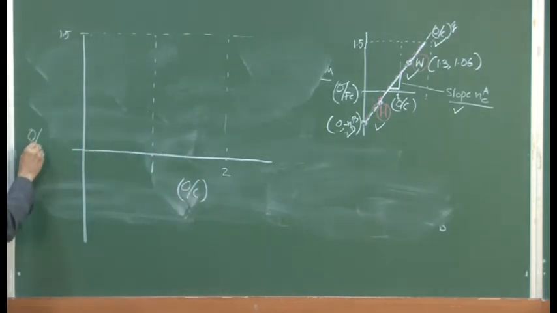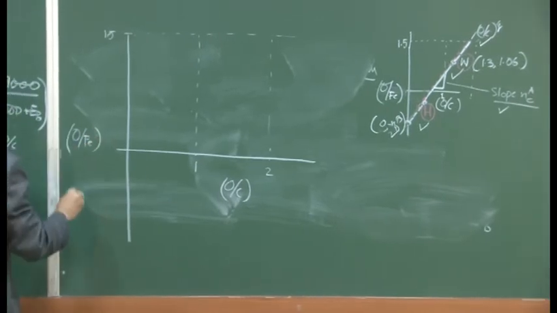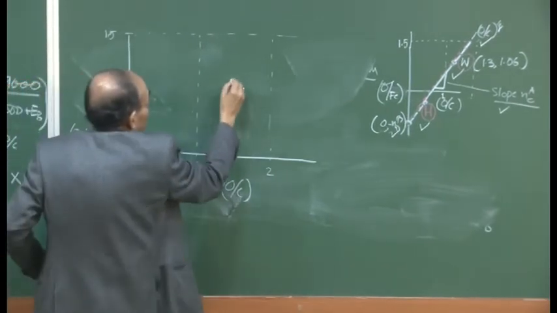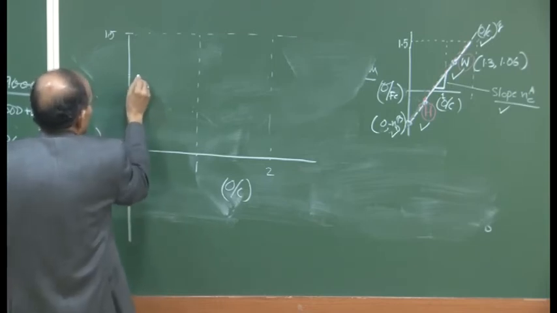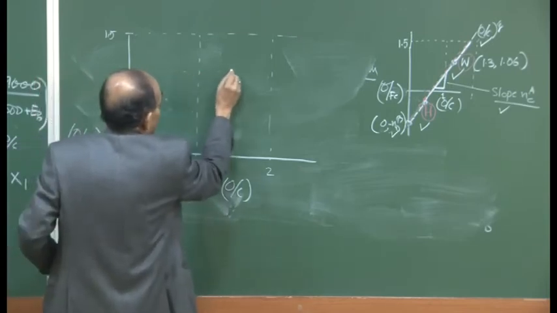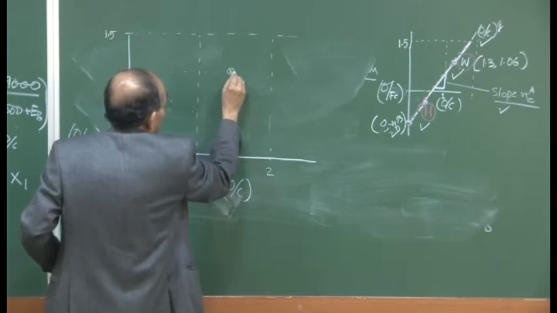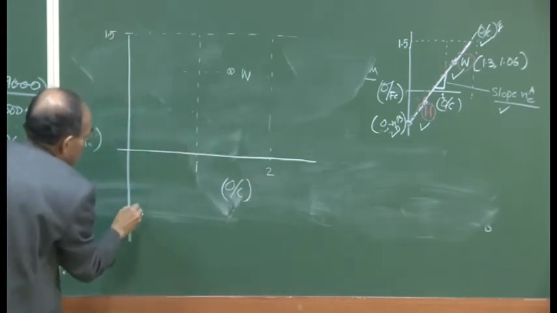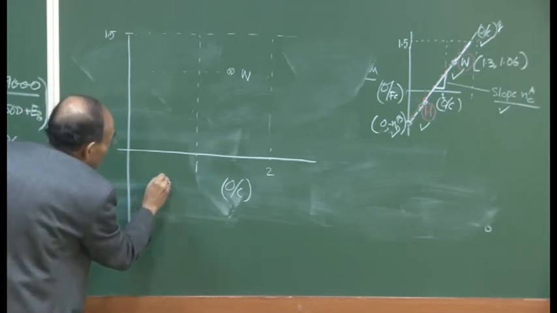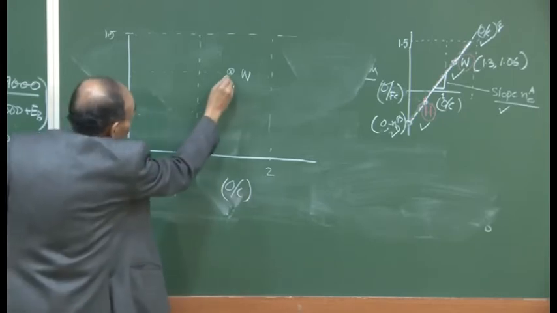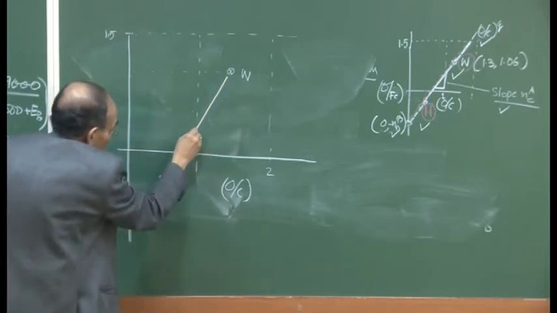This is O by Fe, so this is 0.5, this is 1. This is about the W point, and this is the way we have calculated it. This is the blast point, and this is the H point. So, we have drawn this line.